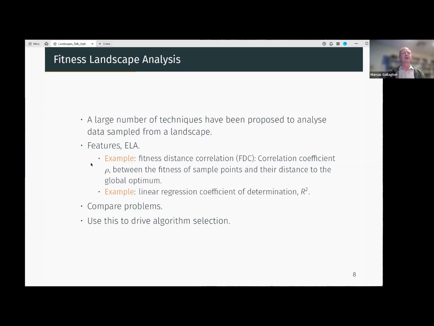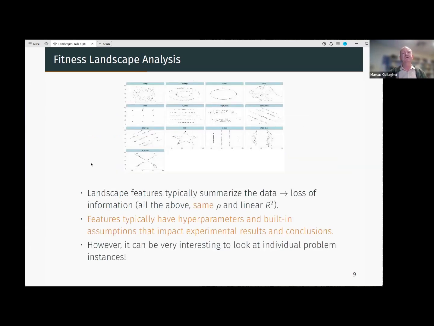So lots of stuff in this space. Landscape features have been shown to do this kind of stuff at least to some success.